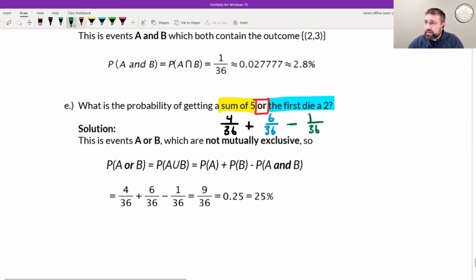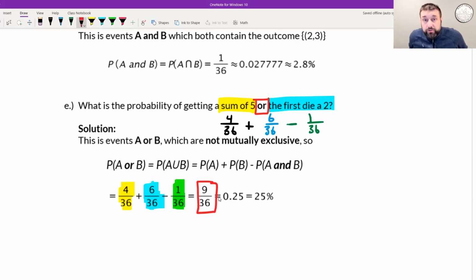And you'll see these numbers are all written right down here. And when you take 4 plus 6 minus 1, you get 9 out of 36. So the probability of rolling 2 dice and getting a sum of 5 or the first die being a 2 is 9 out of 36. Punch that in your calculator and you get 0.25, 25%.